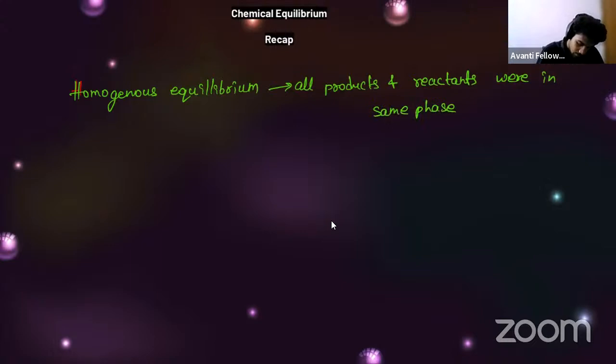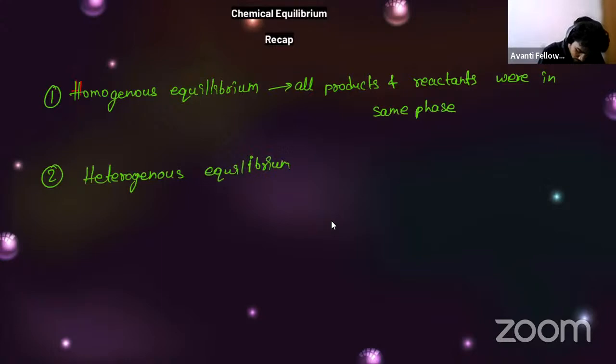After learning about homogeneous, we learned about heterogeneous equilibrium, nothing but where we have more than one phase.